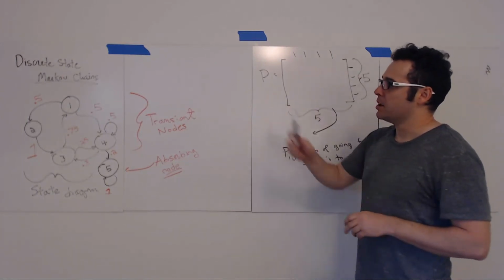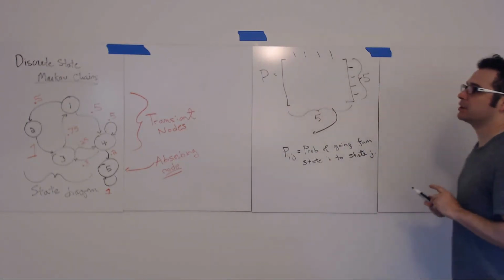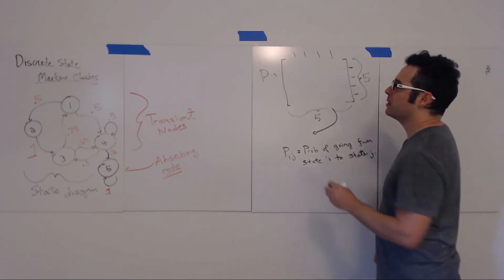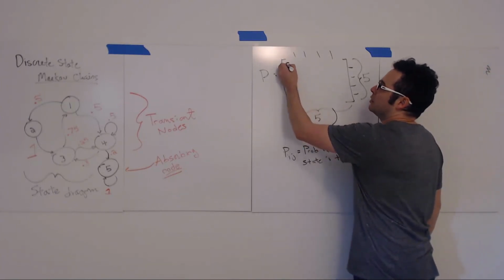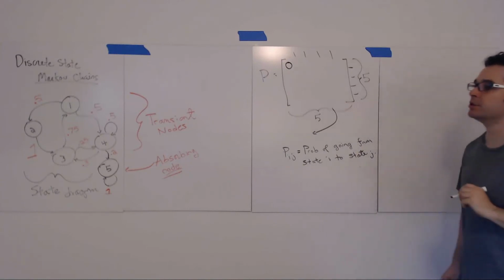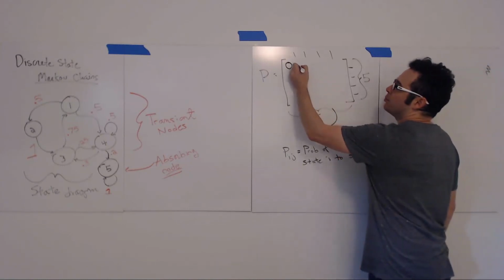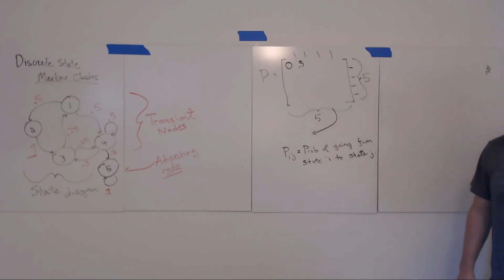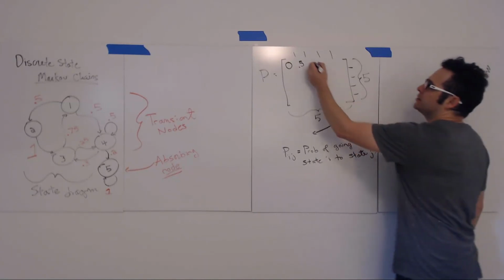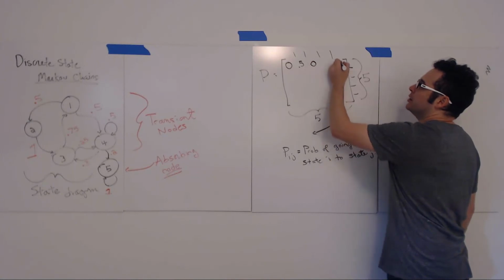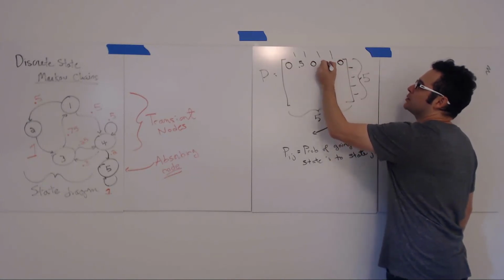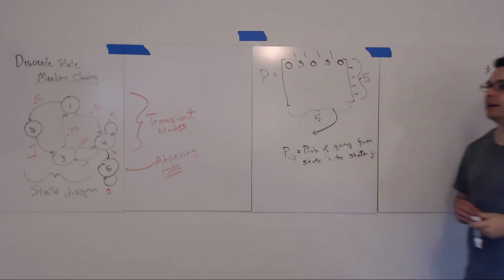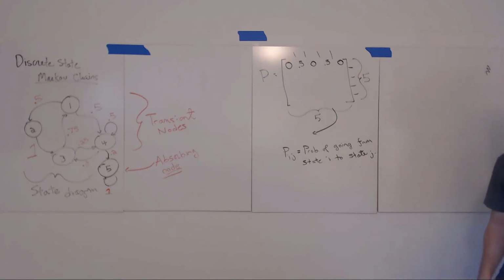Okay, so let's fill out this first row for state 1. State 1 with 0 probability returns to itself, but with 0.5 probability goes to state 2. It has 0 chance of going to state 3 and state 5, but it has 0.5 probability that it goes to state 4.